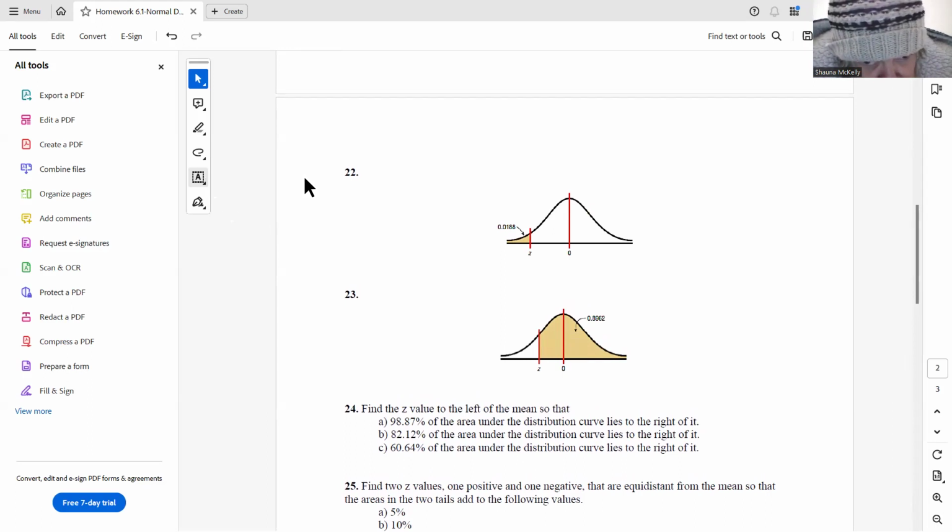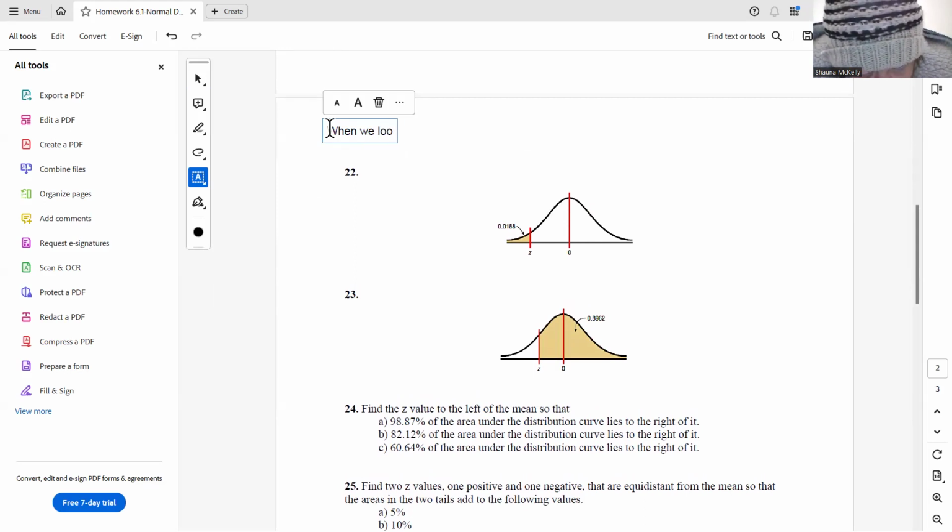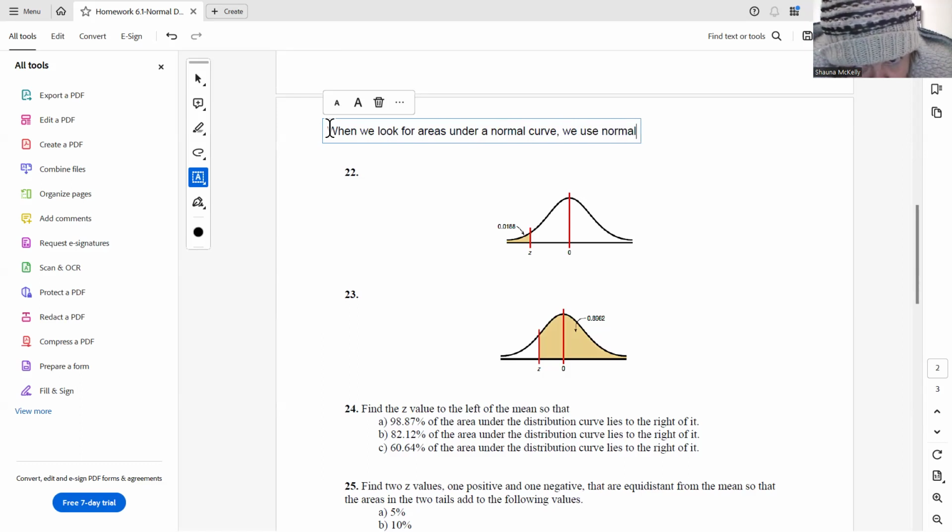So here's what we're going to do. Earlier I said, when we look for areas under a normal curve, we use normal CDF.